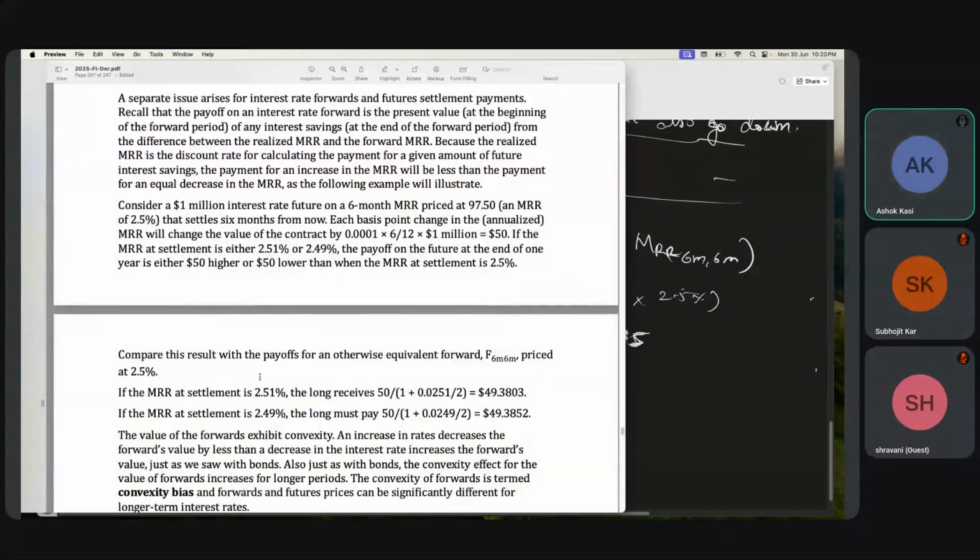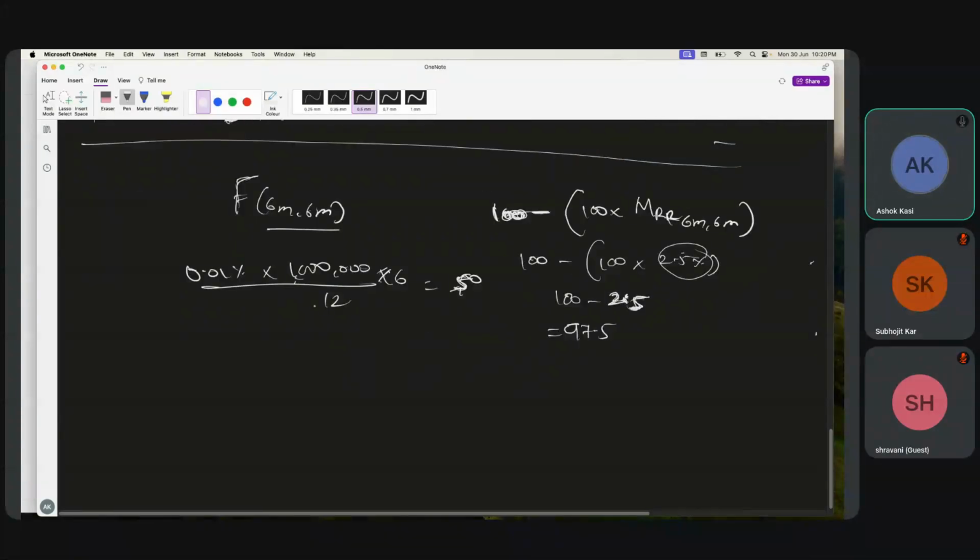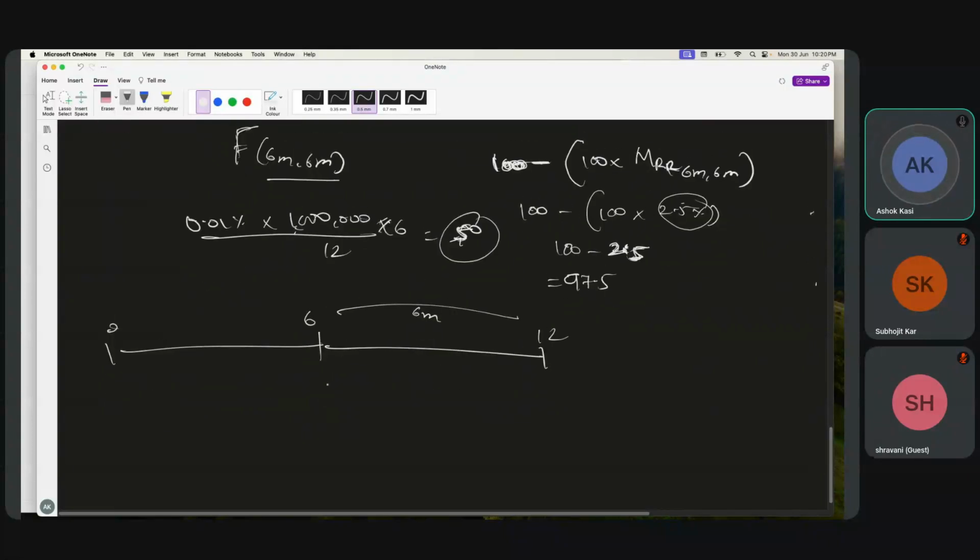Now what if the interest rate goes up or down? If the interest rate goes up, we will get a profit of 50.